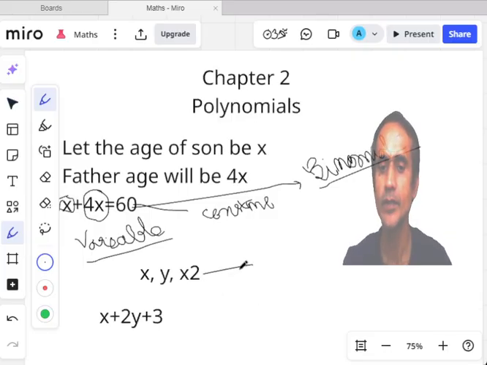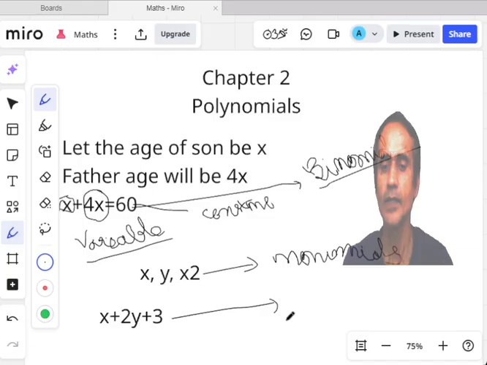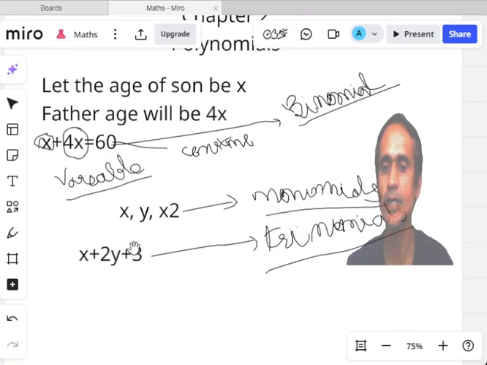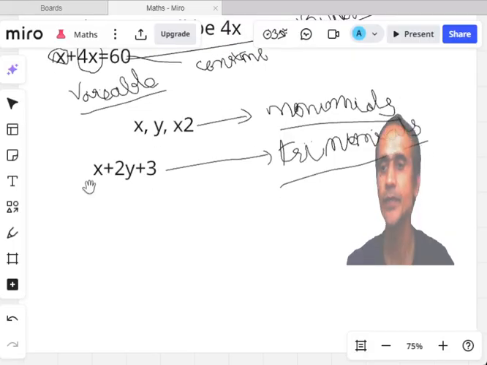So these are monomials, and these are binomials. The equation which contains only one term, x, y, x square, x cube, are monomials. Equations which contain two terms, like here 4x plus x is 5x, so 5x and 60, there are only two terms, so it is binomial. And here we have three terms, x, 2y and 3. So these equations are known as trinomials.